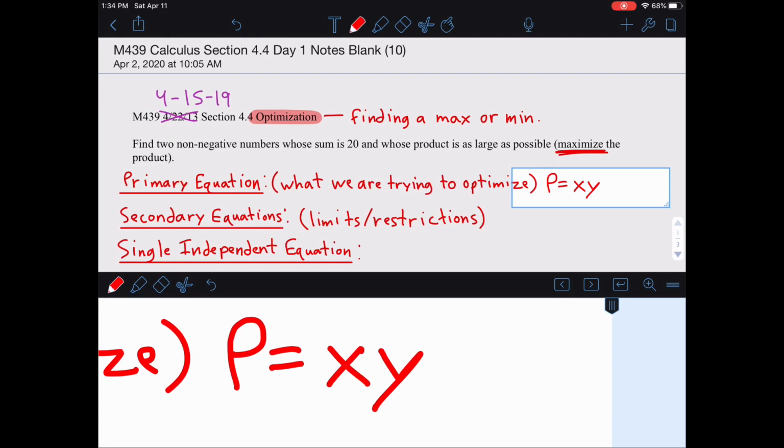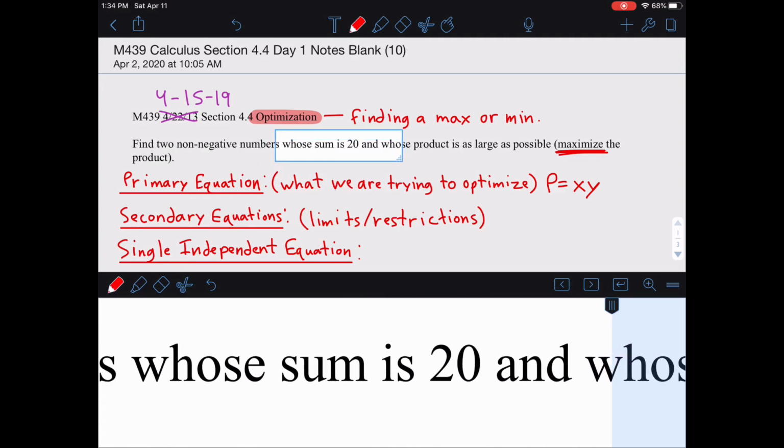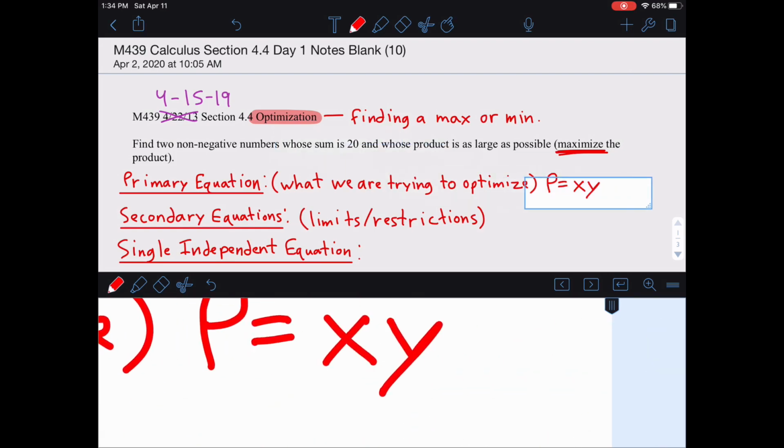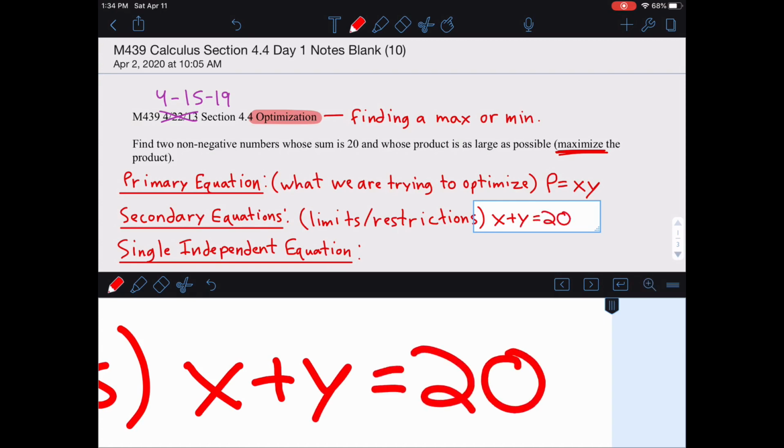Well, I can't because I have a restriction that says that the sum of the two numbers has to be 20. So my two numbers are X and Y, and I'm going to turn that into an equation: X plus Y equals 20. And that is going to be my first secondary equation.